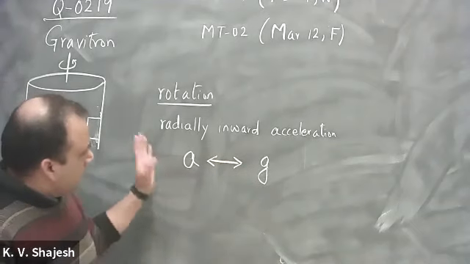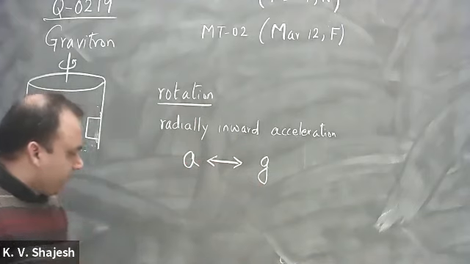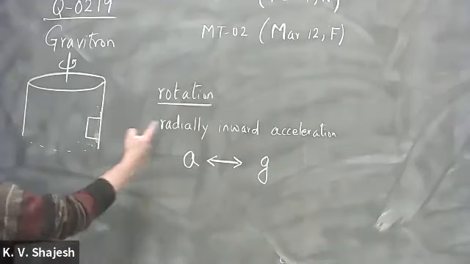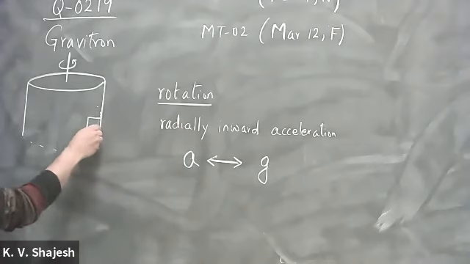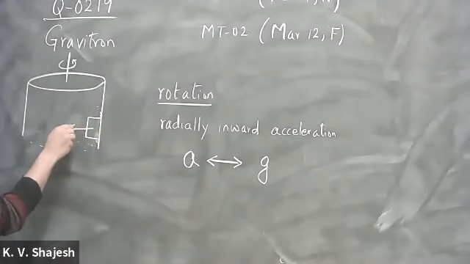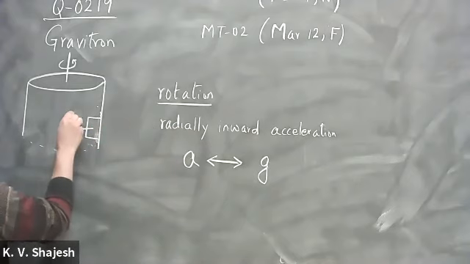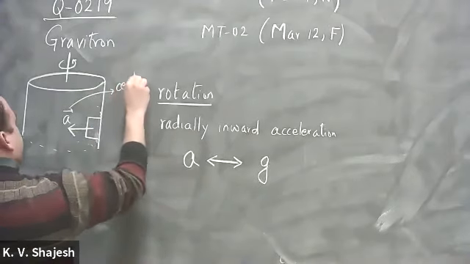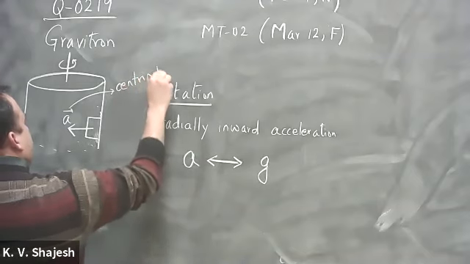Again, this is a futuristic thing in the sense that 2 weeks down the line, we will have more concrete information. But we do know that there is a radially inward acceleration. So that's your centripetal acceleration down here. Why is there an acceleration? Because it's rotating.